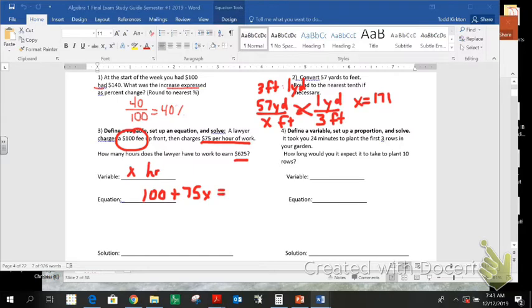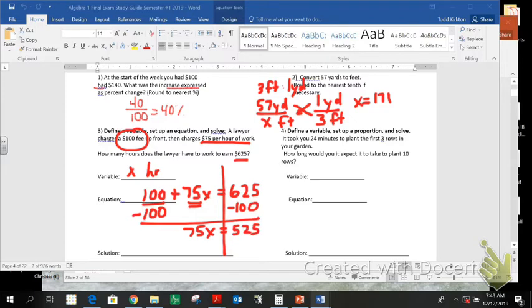He wants to earn $625. So the total, two things. This stays the same. This one's my variable, and so it's just a simple two-step equation once you have it set up. By the way, that's cheap for lawyers.